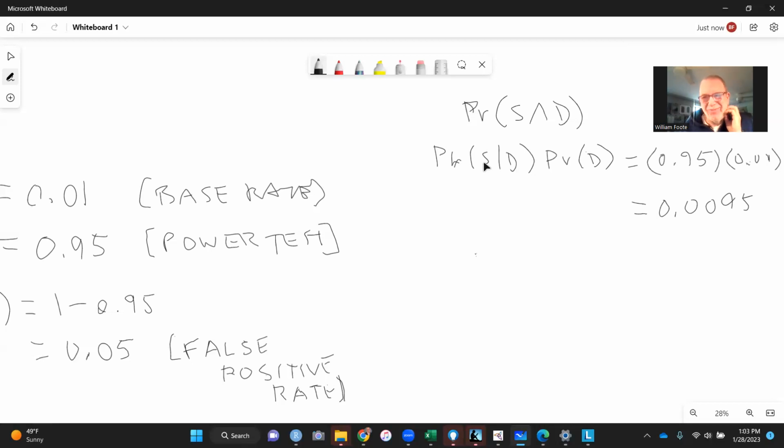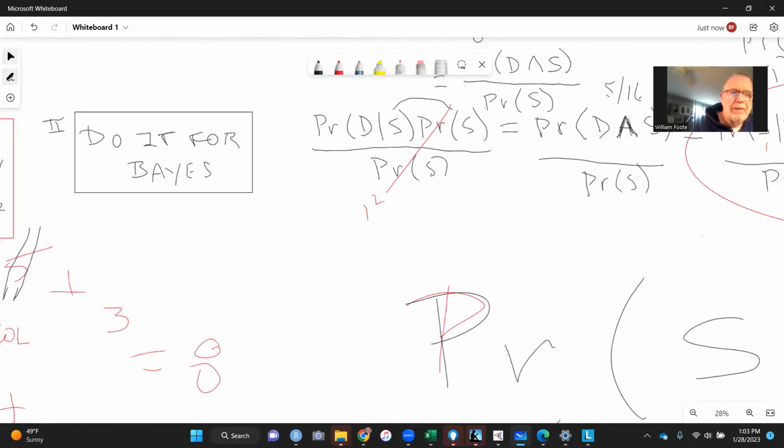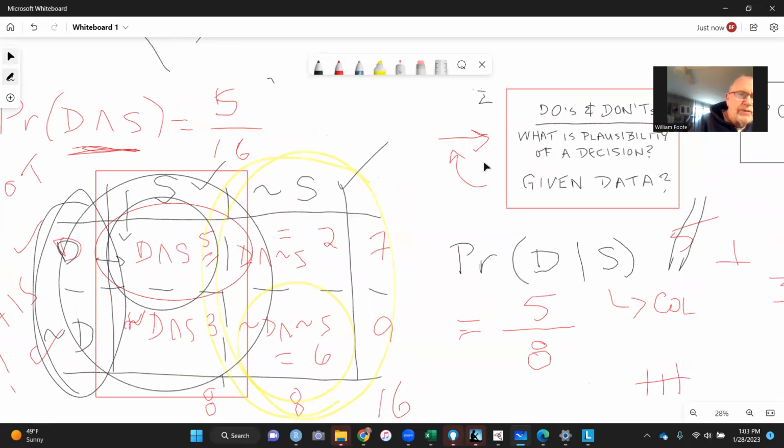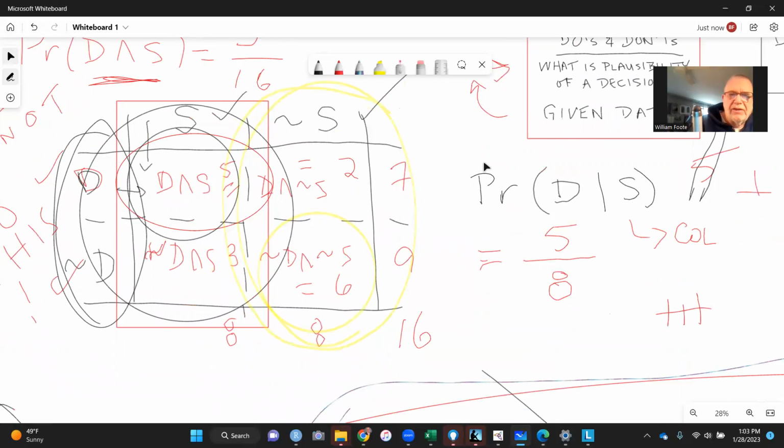Now the denominator. Let's just look at what the denominator might be. Way over here. Do it for Bayes. All right. Oh my gosh, what a mess this is. But look at this. The denominator of 8/16. How did we get that? Well, one way you can get it, we need D and S. S and D. Okay, we need to get the 5/16 and the 3/16 somehow.